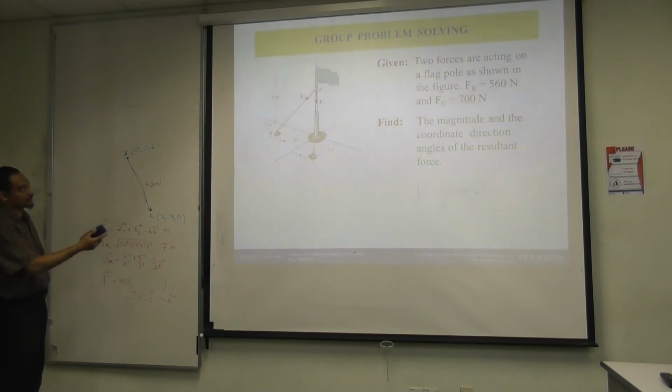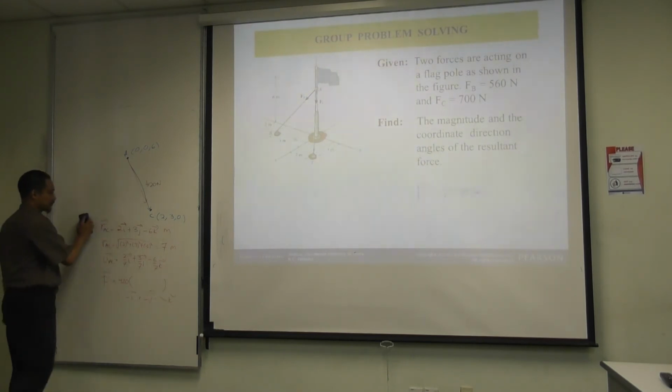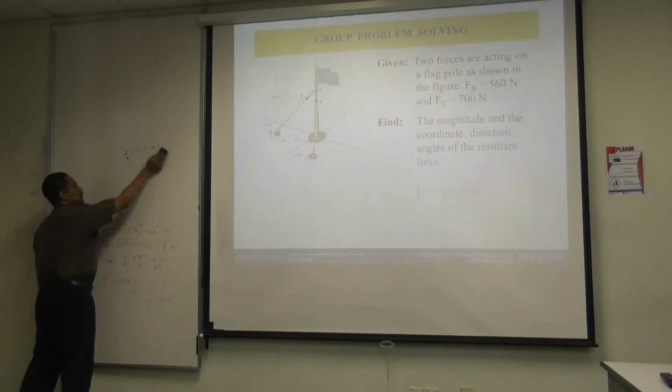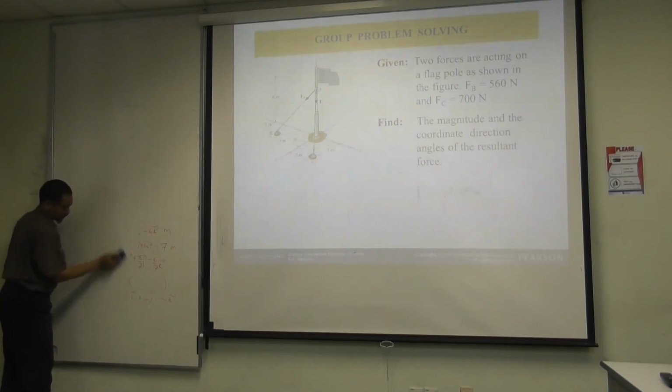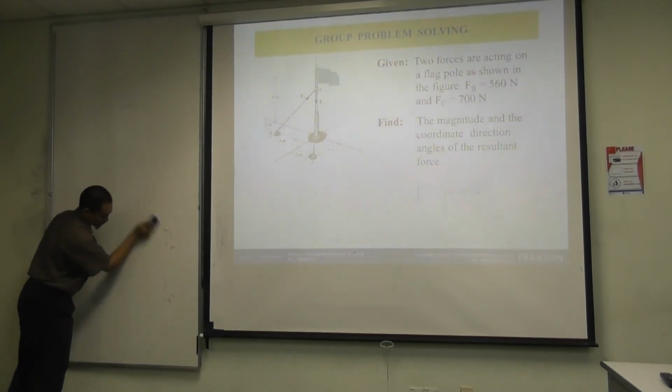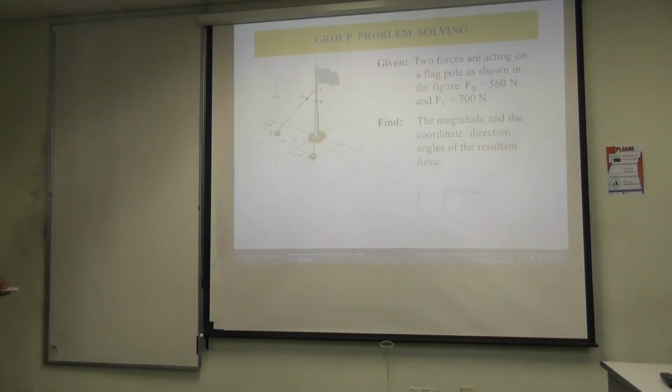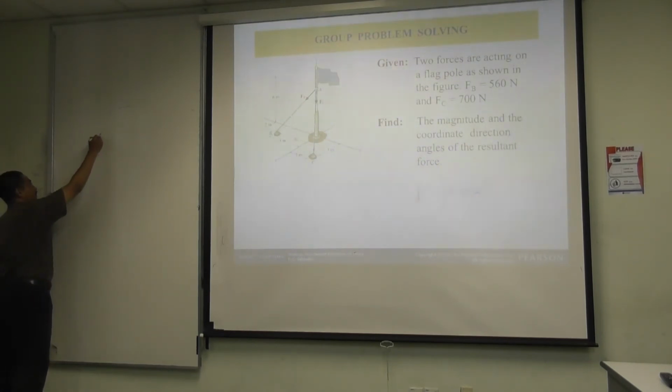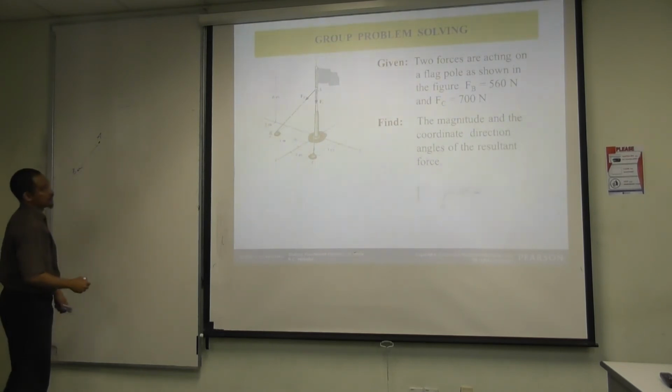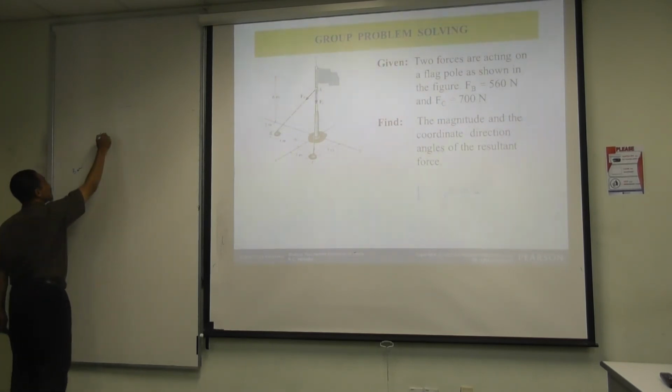Try for which one first? FB. Is there any problem? Okay, what do you do? Coordinates, right? So you have from A to B. A is coordinate 0, 0, 6.